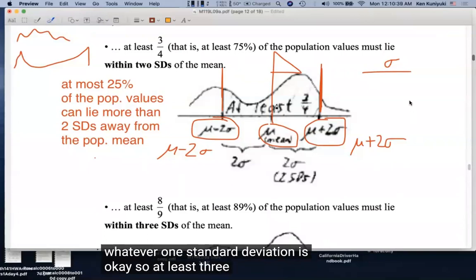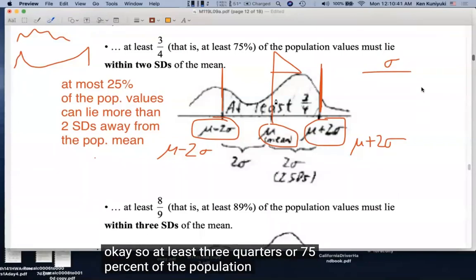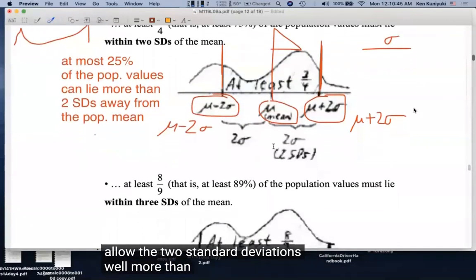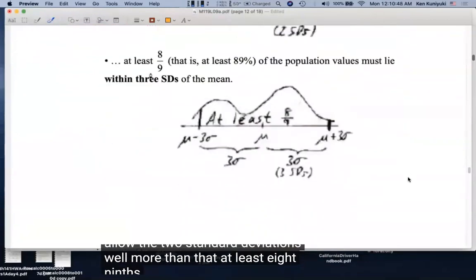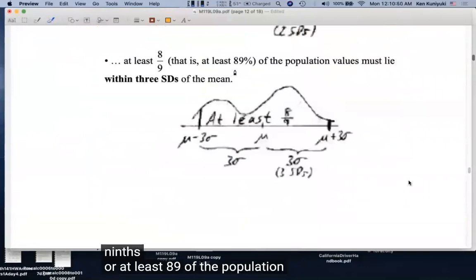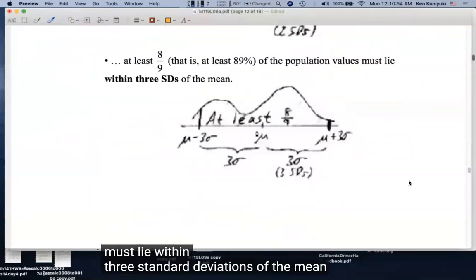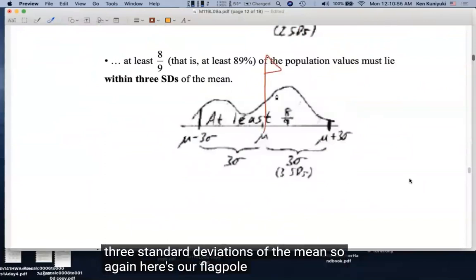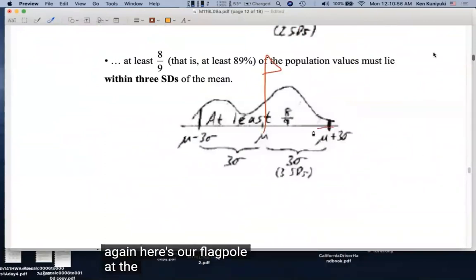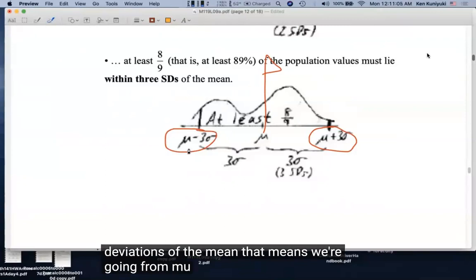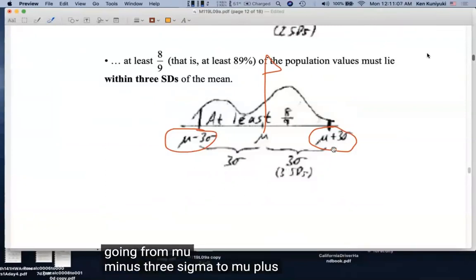Okay, so at least 3/4 or 75% of the population values have to lie within 2 standard deviations. Well, more than that, at least 8/9 or at least 89% of the population values must lie within 3 standard deviations of the mean. So again, here's our flagpole at the mean. Within 3 standard deviations, we're going from mu minus 3 sigma to mu plus 3 sigma.